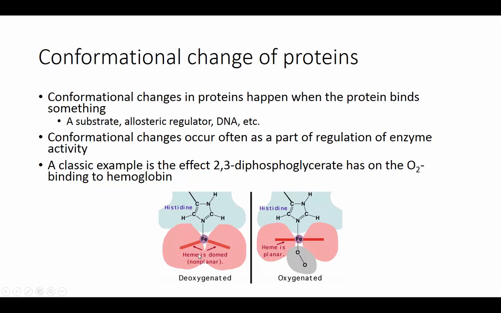They're calling it a dome shape, but when oxygen binds, not only does the cofactor undergo a conformational change, but the protein itself also undergoes a bit of conformational change. You can see that when it's oxygenated, the heme looks different and the protein looks a bit different. But how does 2,3-diphosphoglycerate affect that?